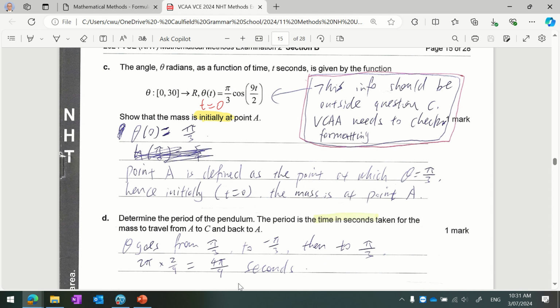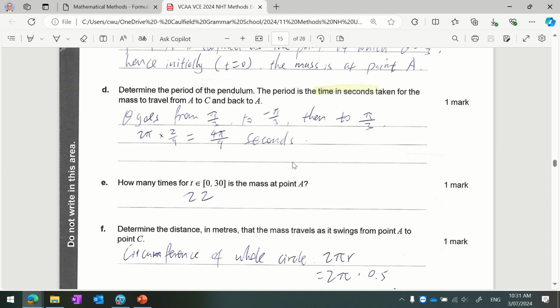One period, and the period is 2 pi over the coefficient of t, which is 2 pi times 2 over 9, and then the answer. Don't forget the unit. So one period of the function is what we're looking for. How many times for t in 0 to 30 is the mass at point A? Point A means theta is pi over 3.